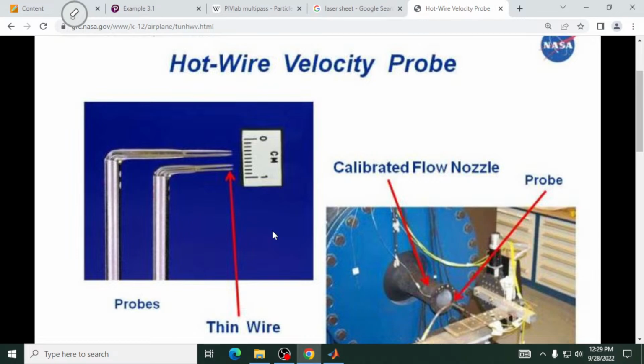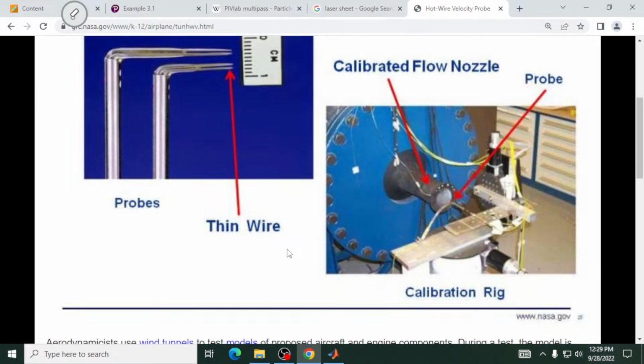When you get an infinite reading, it's like, wait a minute, you can't put a current through it, so it must be broken. And this instrument will tell you, oh, something's wrong with your hot wire, and usually it means you bumped it. You've got to be real careful, because if you just bump it like that, it'll break that wire. Luckily, I've played with those before, and I have never broken one.